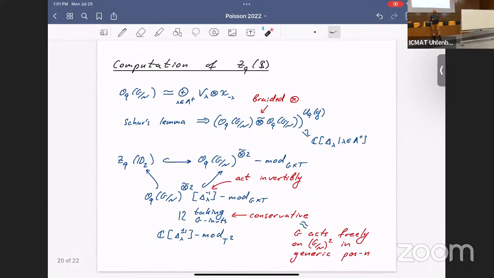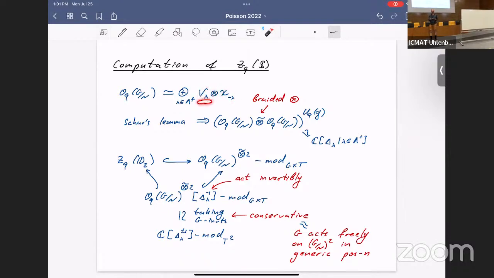All right. Now, as we have that, we can actually compute, well, at least attempt to compute this category. And the way we're going to compute it is the following. So first of all, remember what I just said on the previous slide, that this algebra is really just the direct sum over all dominant weights of V lambda tensor chi minus lambda.